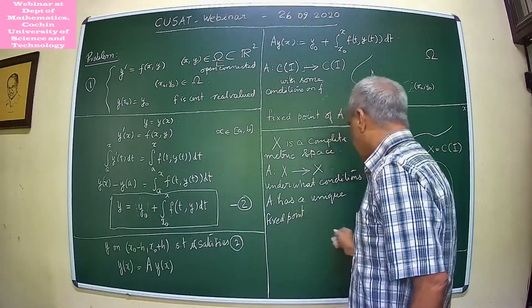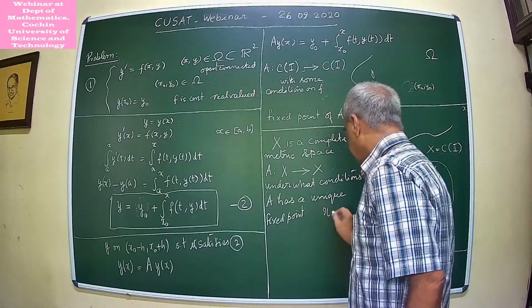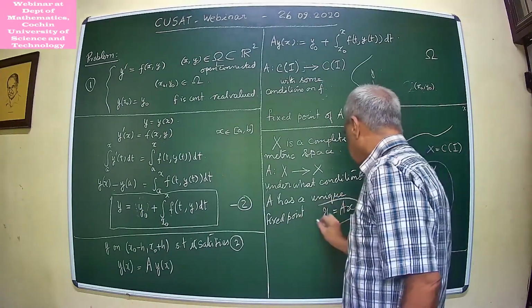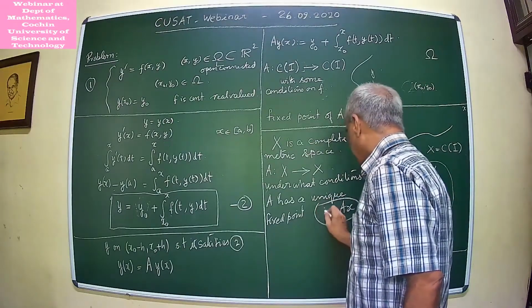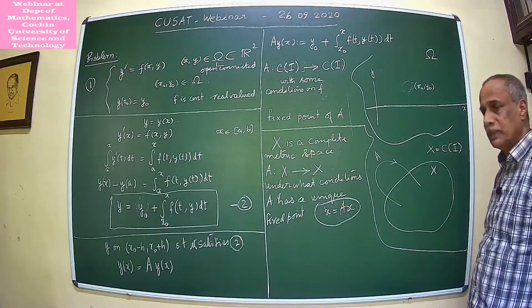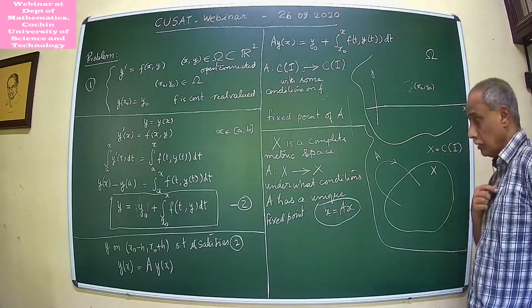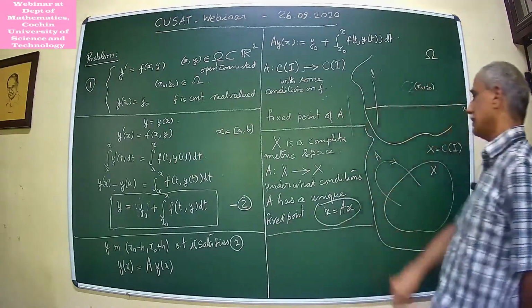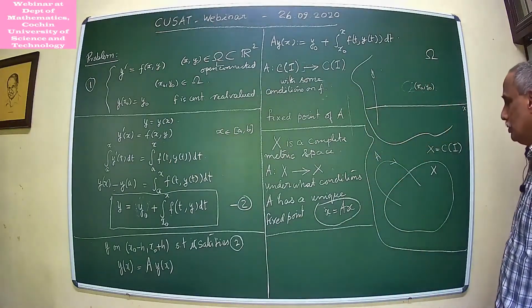That means an x such that x is equal to Ax. Whether this has a solution or not. x is equal to Ax has a solution or not. Does it have a unique solution? Now this is the problem that you have. Okay. Let us see how this is.